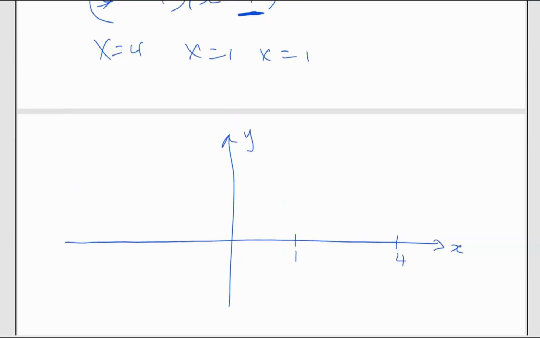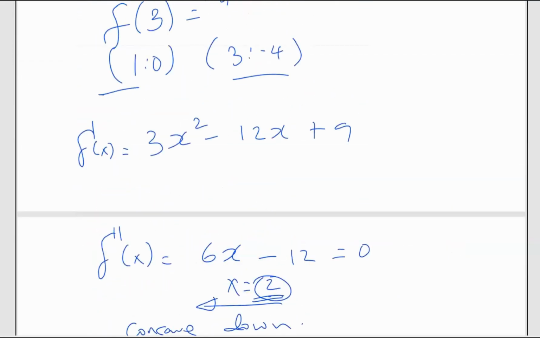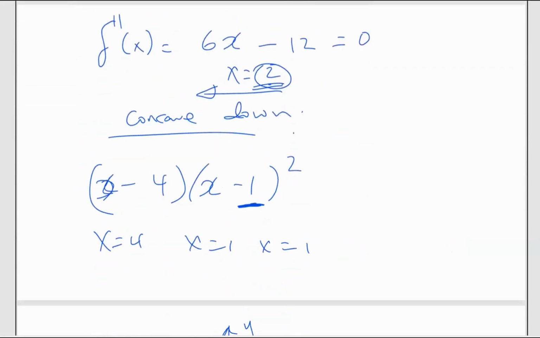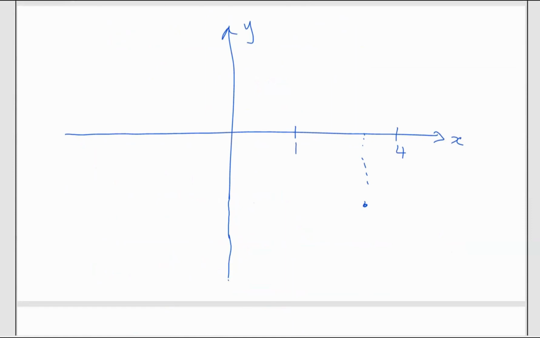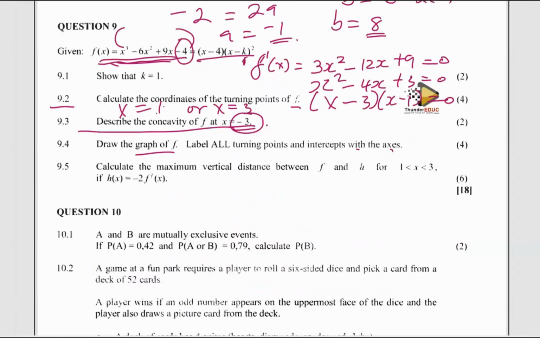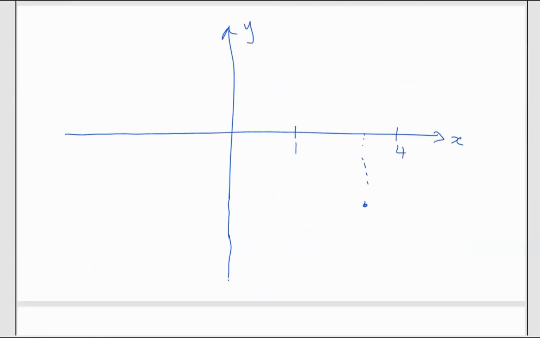We got our turning points to be 1 and 0, and then 3 and negative 4. So 3 is somewhere here. Negative 4 is down. Okay, so from the graph, we know that the y-intercept is negative 4, meaning that this negative 4 should be the y-intercept also.